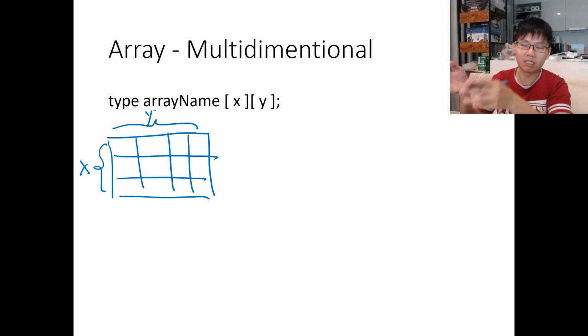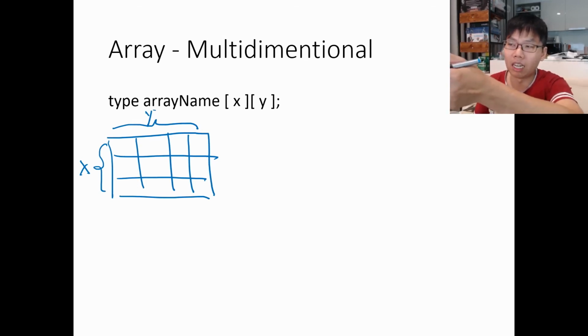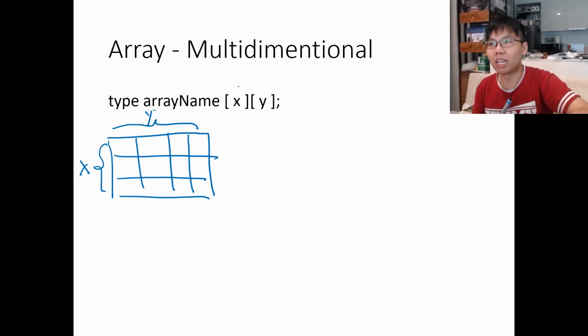Okay, this is a misleading image, but it's easier for teaching people like this, that it looks like a matrix or a table, and then you can access it with x and y. But what actually happens is allocation. This one is going to contain only one pointer if it is the C language.